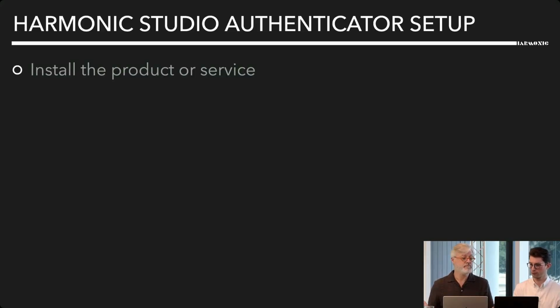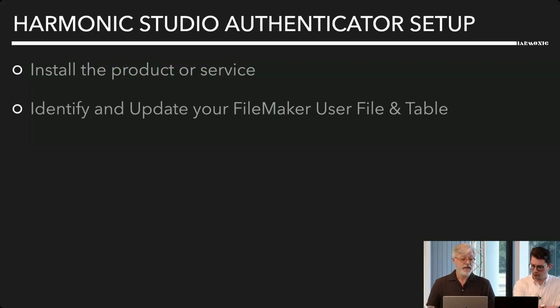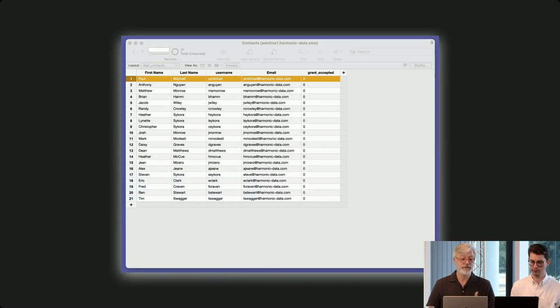Getting this up and running, frankly, would look very similar to setting up any other type of external identity provider with Claris Studio. So you would install the product or service. TBD steps on that. Like I said, this is a prototype. And most of the work, frankly, is you would need to identify which FileMaker file you wanted to treat as your user access control. And you'd need to verify or add some simple things to that.